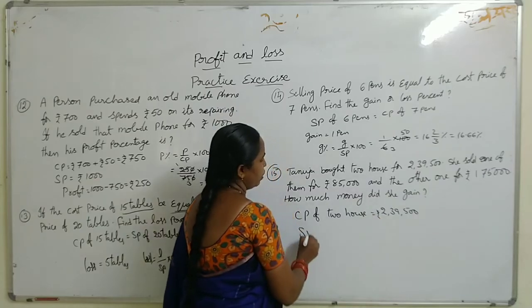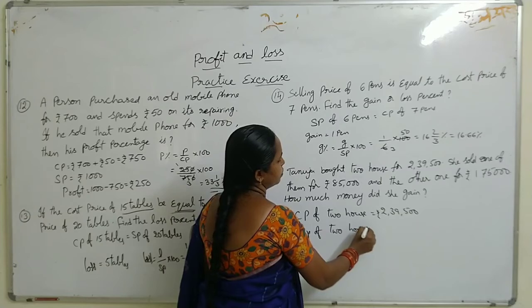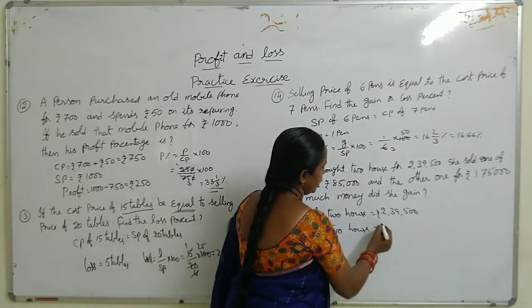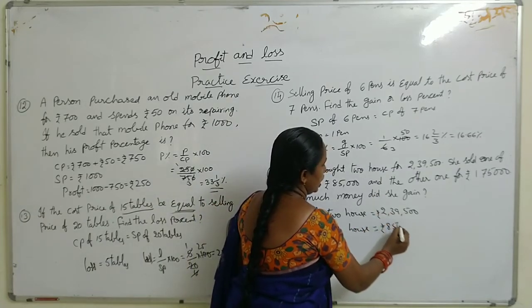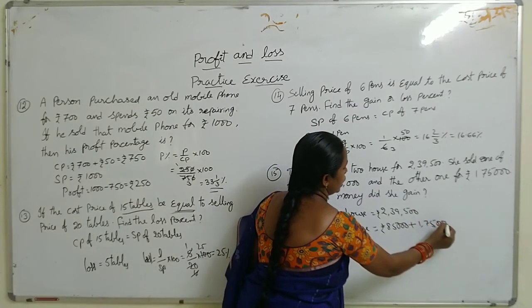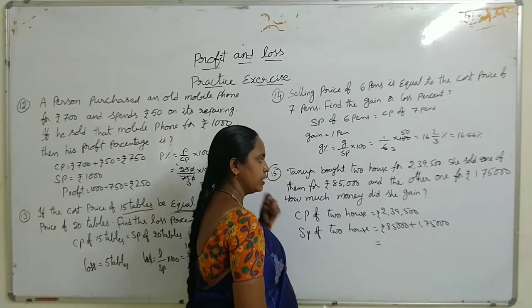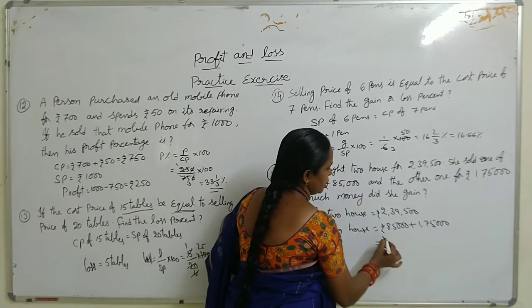Then the SP of 2 houses equal to 85,000 rupees and another one is 1,75,000 rupees. Then total 85,000 plus 1,75,000, that is 2,60,000 rupees.